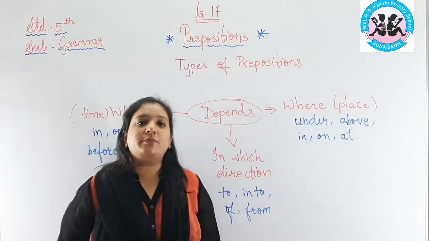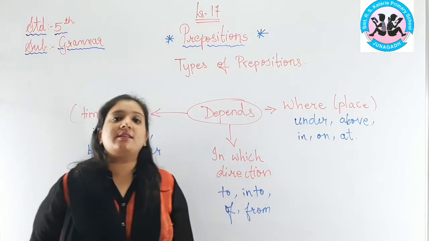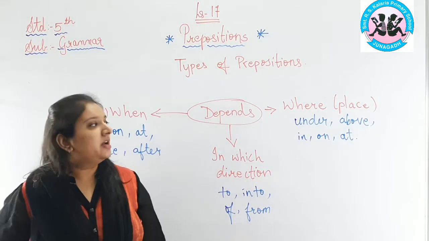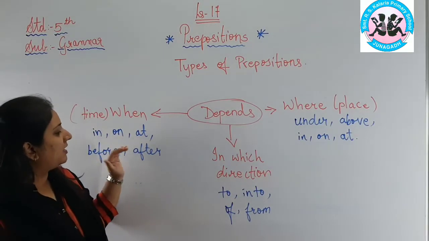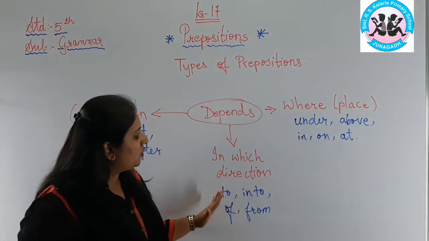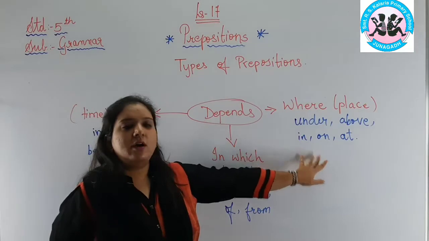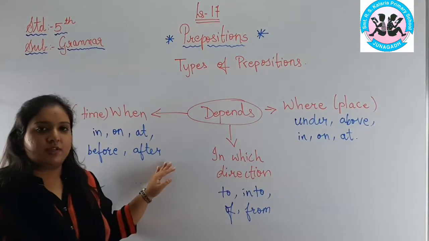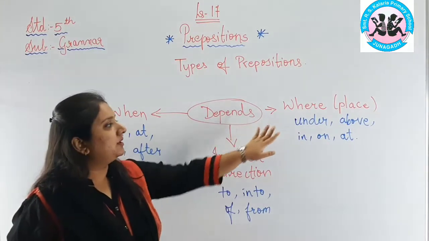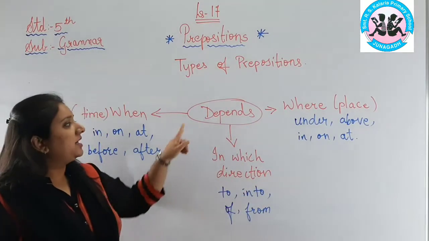After learning that a preposition connects a noun with the other parts of the sentence, here are some prepositions, for example, in, on, at, before, to, into, of, from, under, above. But where do we use all these prepositions? It depends.